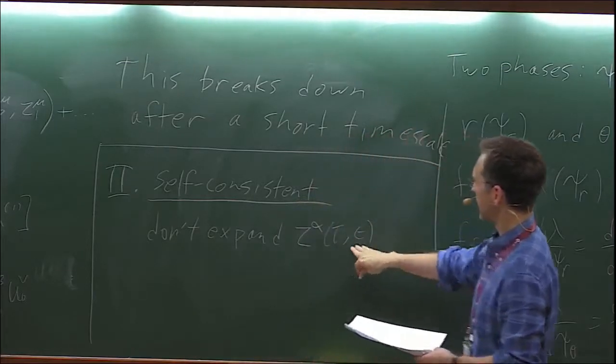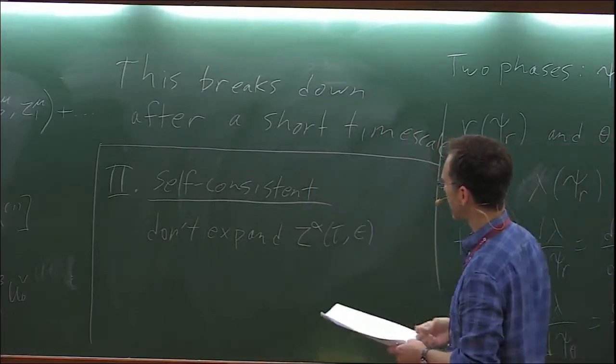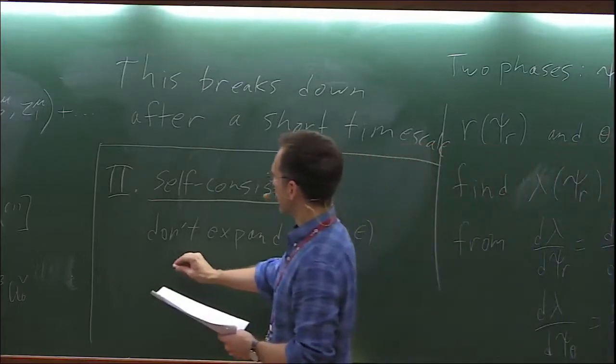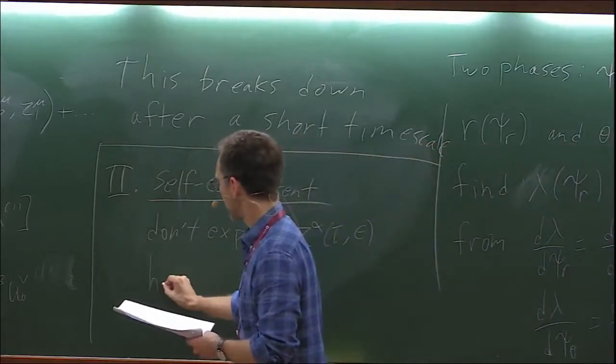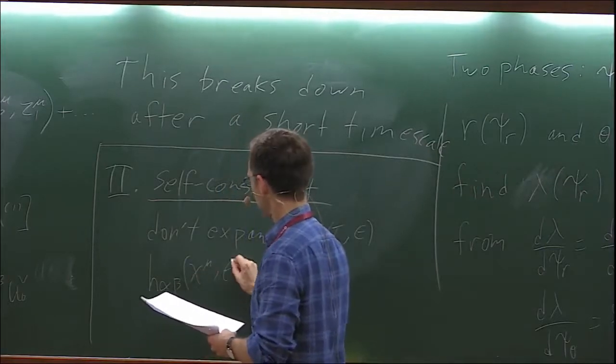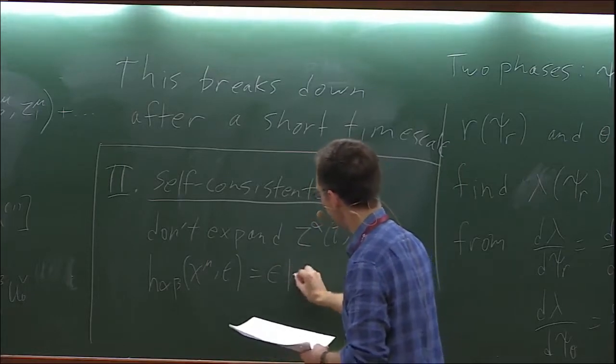You just treat it as some exact function of tau and epsilon, and you try to avoid expanding it. So that means that the metric perturbation is now going to have a different kind of expansion.